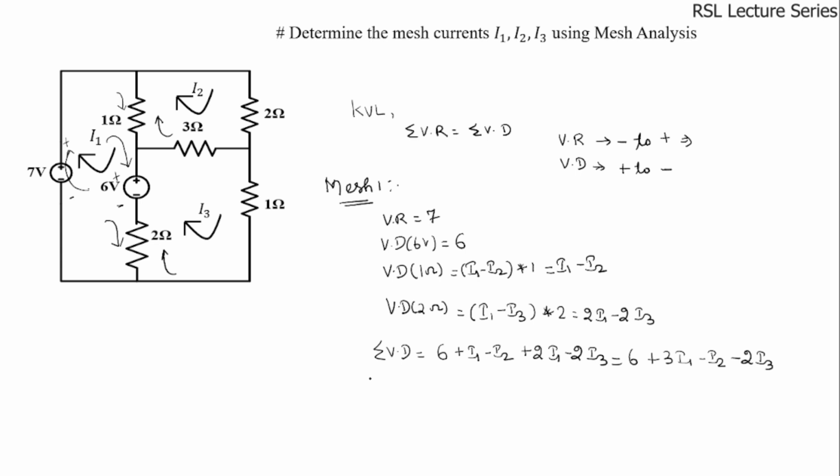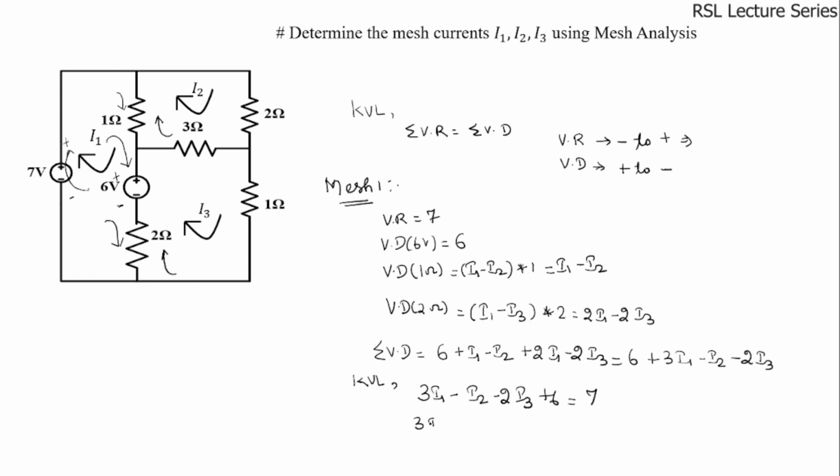Now we'll write Kirchhoff's voltage law: the sum of the voltage rises equals the sum of the voltage drops. So we can write it as 3I1 minus I2 minus 2I3 plus 6 equal to 7.